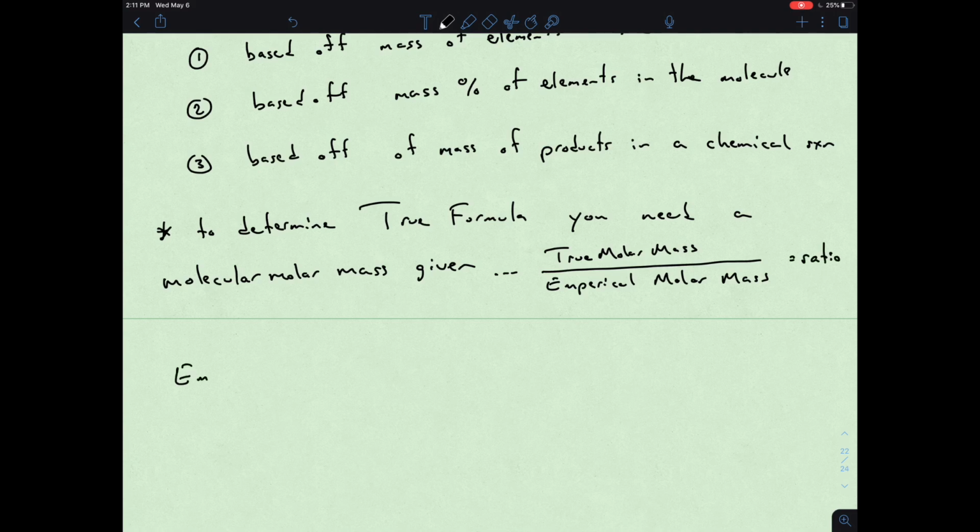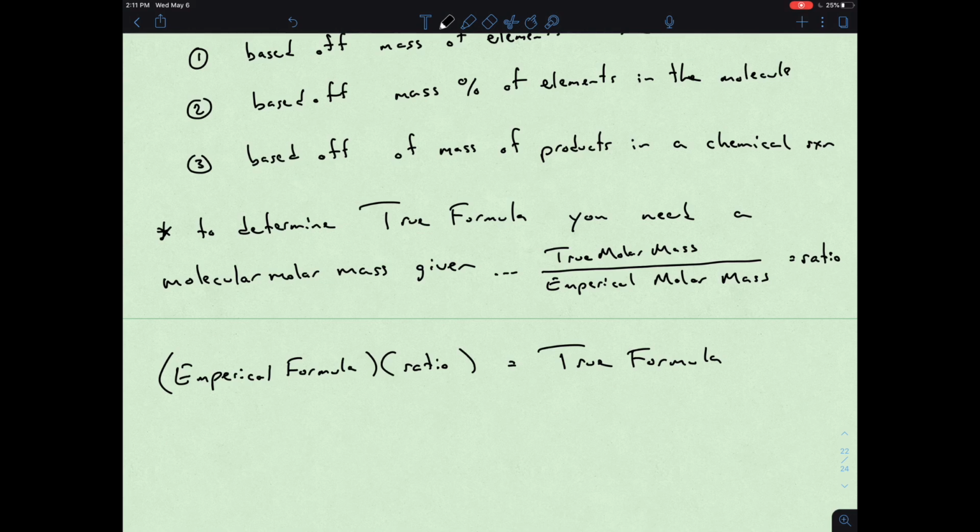And if you take the empirical formula times that ratio, now you actually have the true formula. So the second half, the true formula, is always the same. It's really the first bit, the empirical formula determination, that's usually the tougher piece of the question.